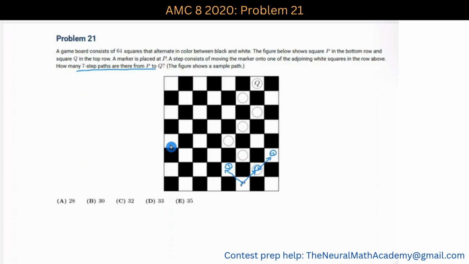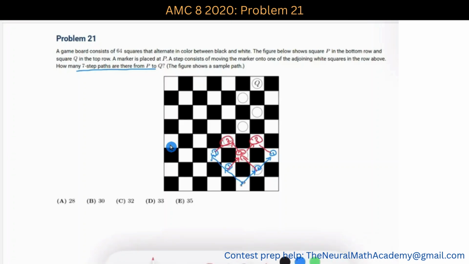However, if I move to this middle square, I can come from here or from this side, so I have 2 ways to go there. Similarly, if I move to this square, I have one way plus 2 coming here, so I have 3 total ways. And similarly for this square, I also have 2 plus 1, 3 ways.